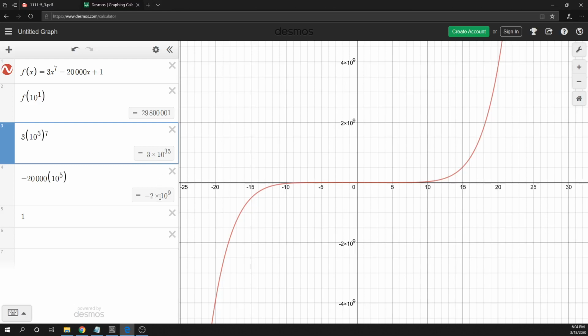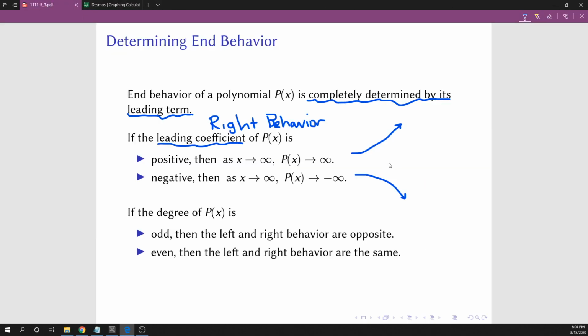This is a negative 2 followed by only 9 zeros. So it doesn't really matter. These terms, when we're talking about the end behavior, what the graph is doing when we go really, really far to the right or really, really far to the left, it is all completely controlled by this leading term right here.